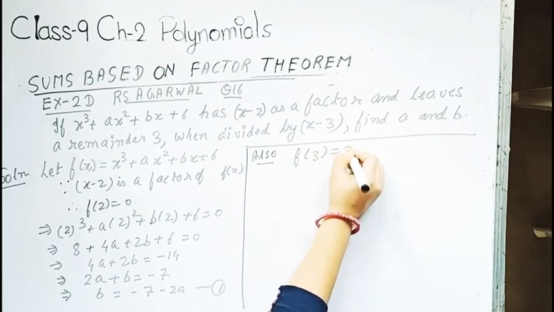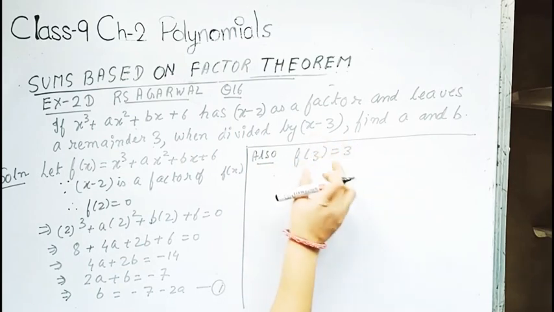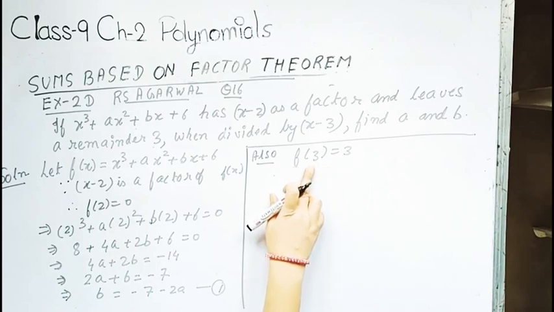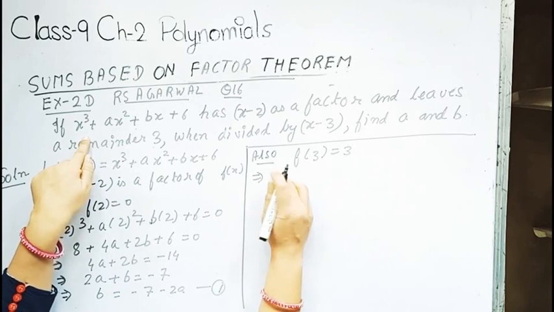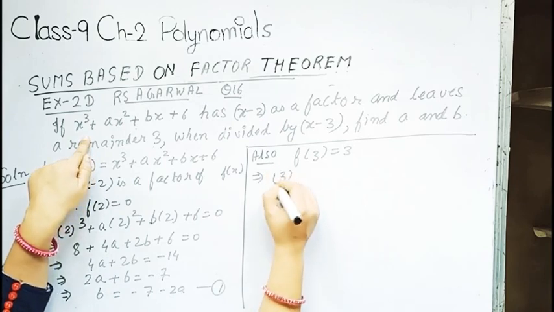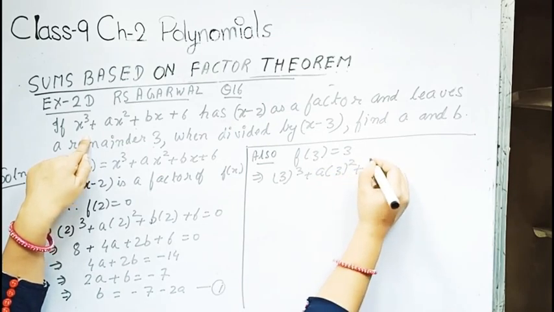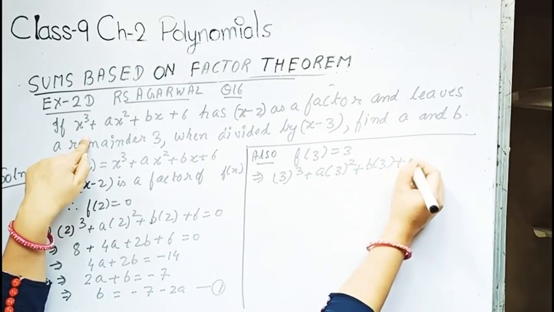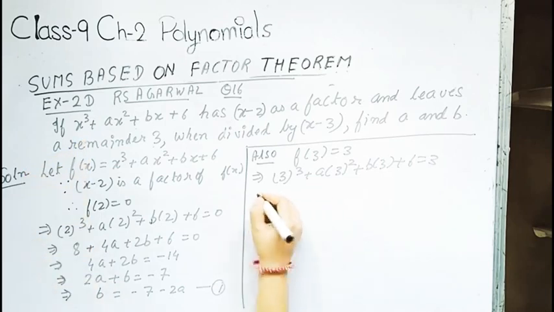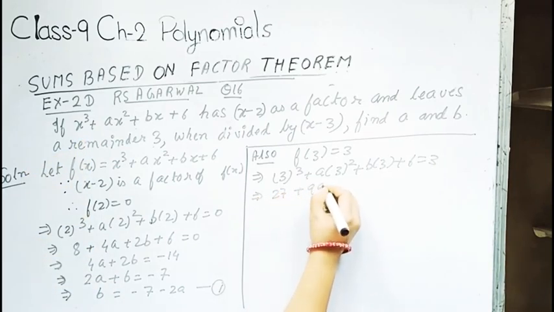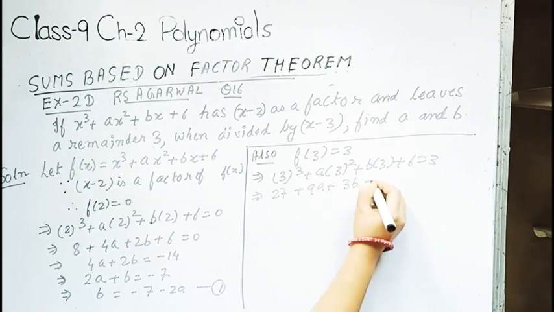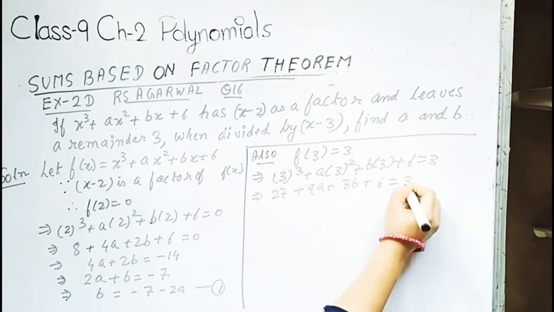f(3) equals 3. x minus 3 equated to 0 will give x equals 3. So we are finding f(3). Now this implies, let us first find f(3). 3 cube plus a into 3 square plus b into 3 plus 6 equals 3. So over here 27 plus 9a plus 3b plus 6 equals 3.